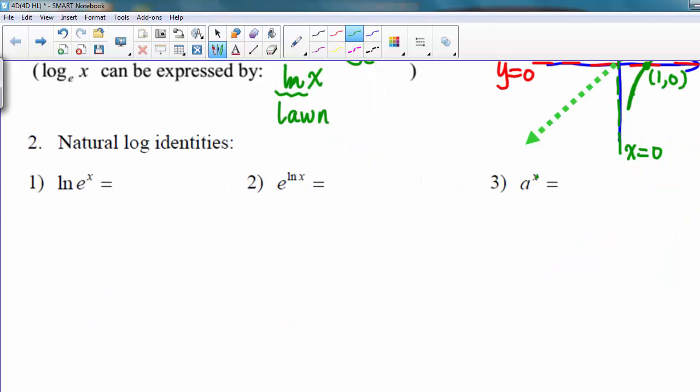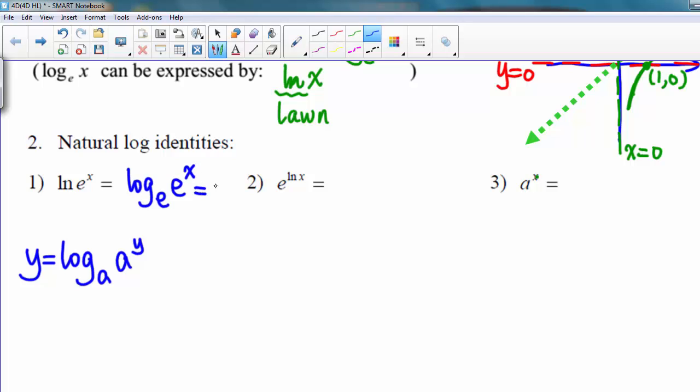Okay, natural log identities, just like other log identities. We know log base a of a to the power of y equals y. If I change the base a to e, it becomes ln e to the power of x, which is the same as log base e of e to the power of x.